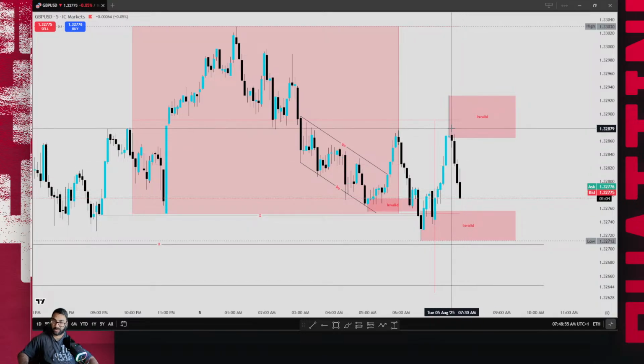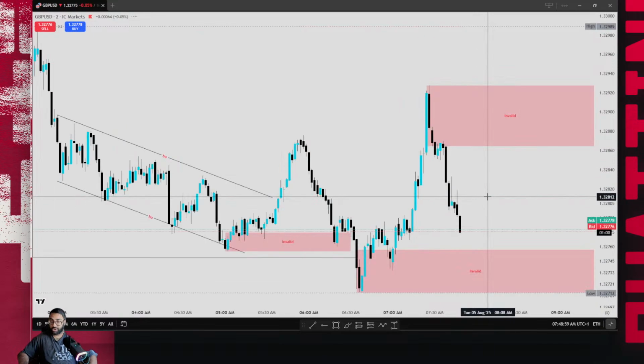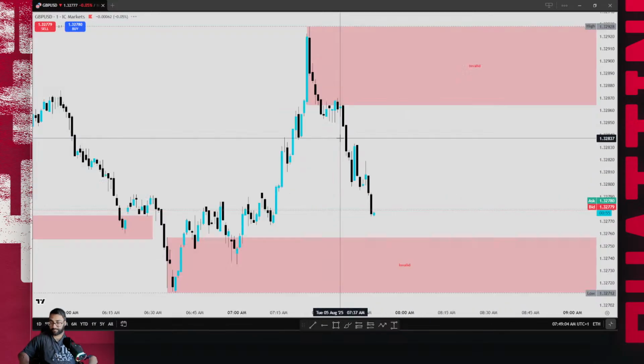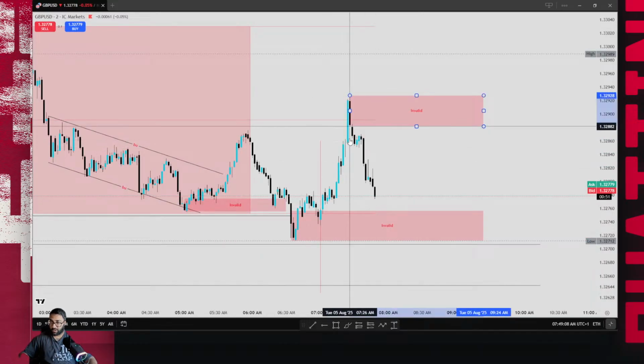Ideally, I'd want price to come back, tap into this zone, and then I can look to short from there, ideally. Let's go on M1. Oh, let's ignore M1. Go there.